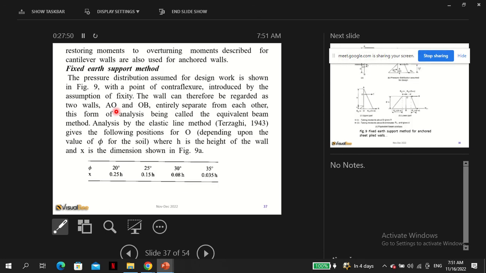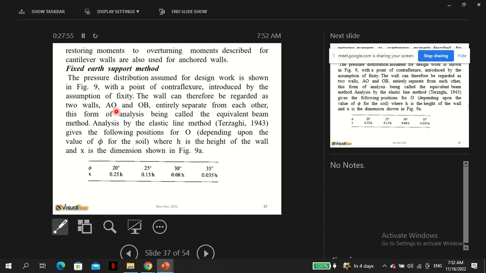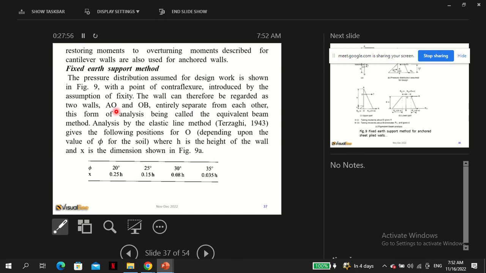Of course, the depth of penetration you get has to be increased by 20%. The D naught you determine, you have to multiply by 1.2 as we have done before. That's the free earth method.